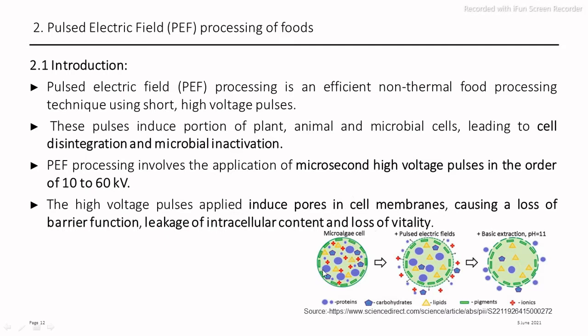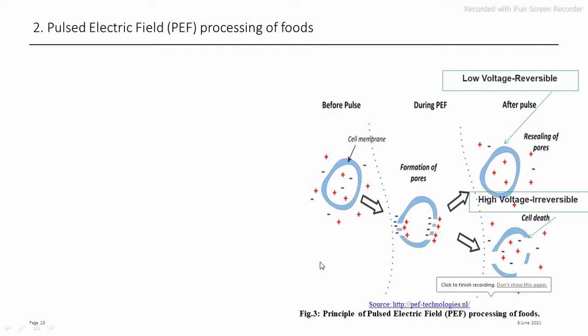After applying the pulses of the electrical field, pores form on the cells, and the intracellular substances leak from the cells, resulting in the growth and reproduction of these cells being stopped. What is the basic principle of pulsed electrical field preservation technique?